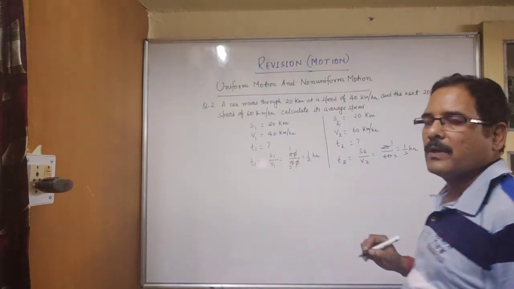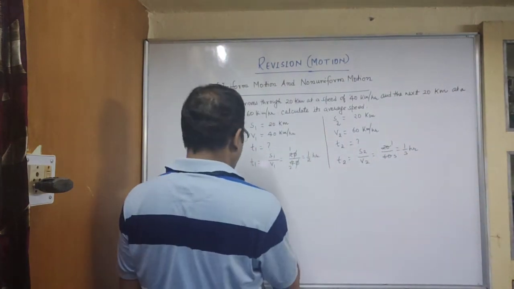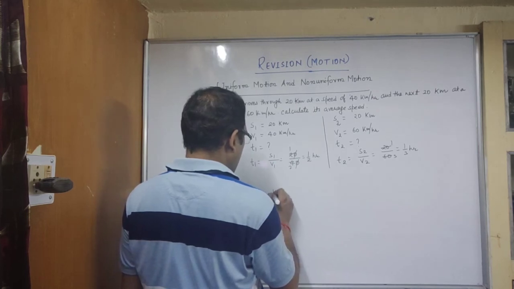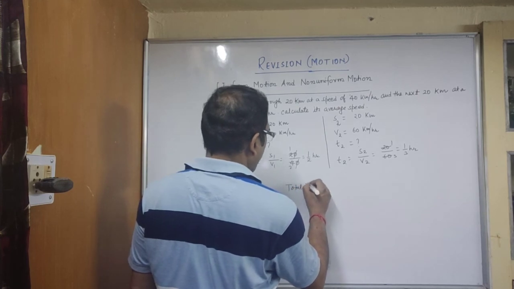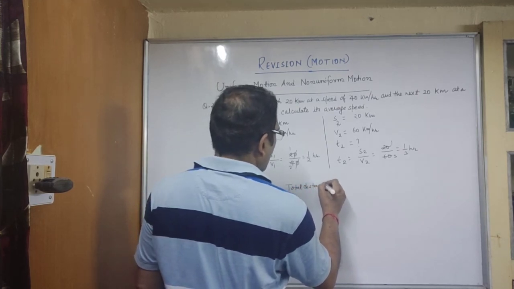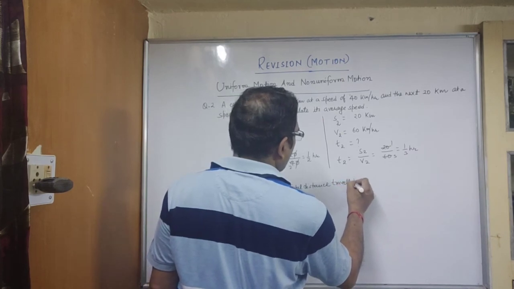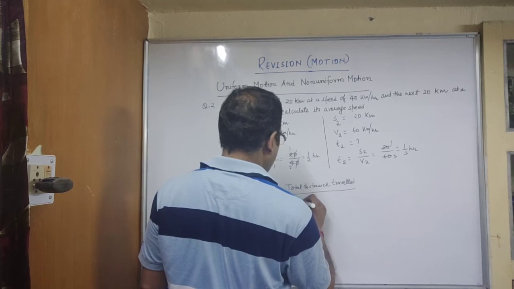Now we will calculate average speed. As we know, average speed is equal to total distance traveled by total time taken.